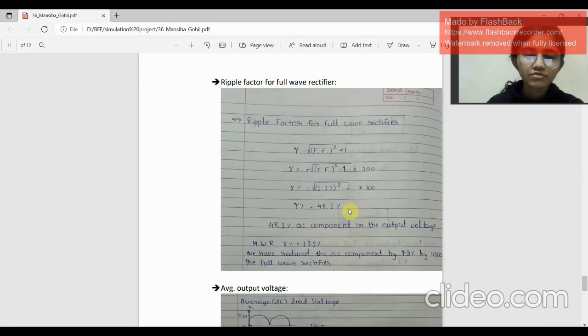As we saw earlier, for the half wave rectifier, we had received gamma as 121%. Here, in the full wave rectifier, the gamma is reduced by 73 percent. So the AC component in the output is quite a bit less than in the half wave rectifier.